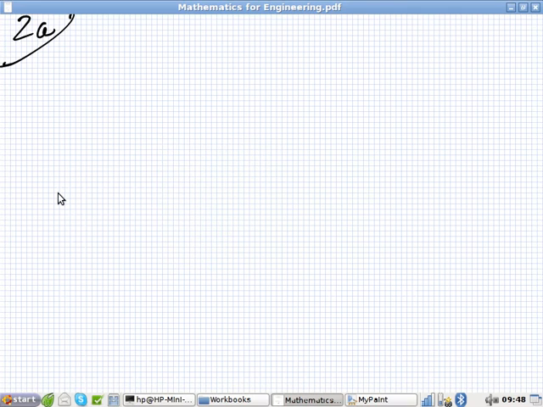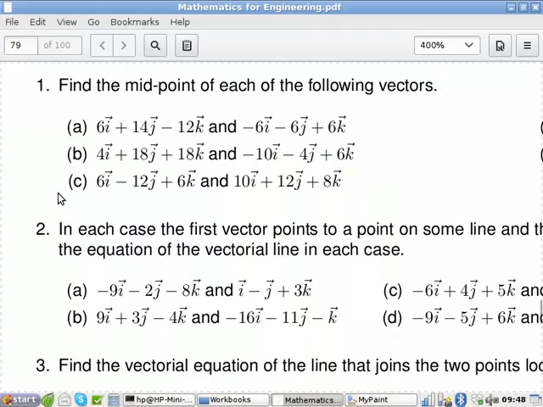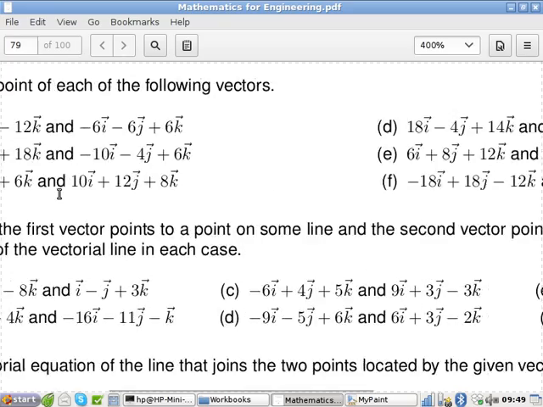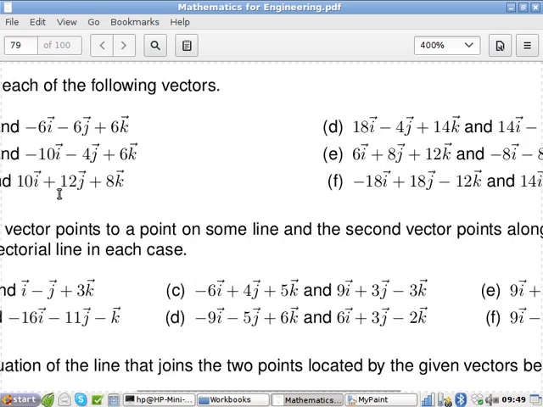Okay, let's have a look at 2A then. Alright, so here's the first one where we want to find the line. These are the 2 points, and I want to find the line. So if you can write the 2 points down, and I'll do it then. Now, just wait, sorry, I'm not being clear.